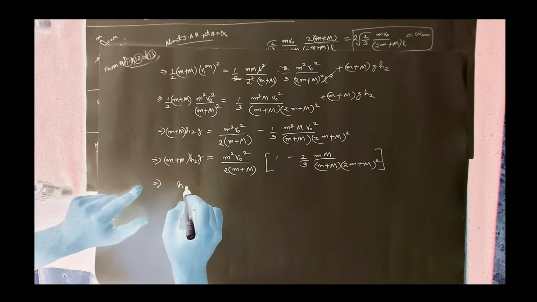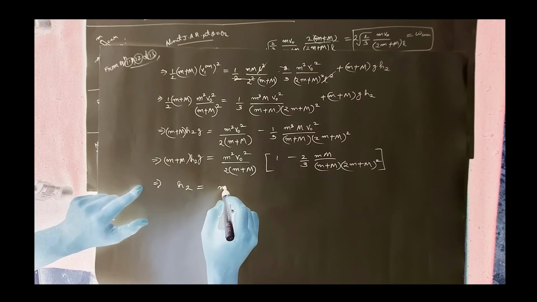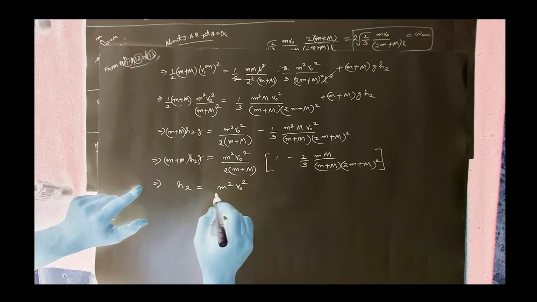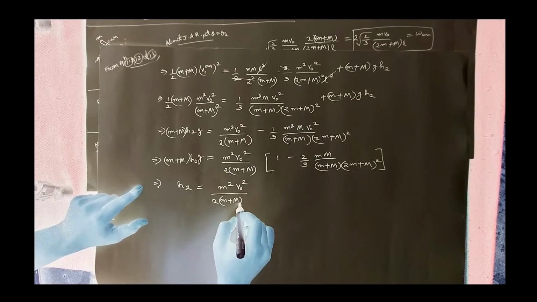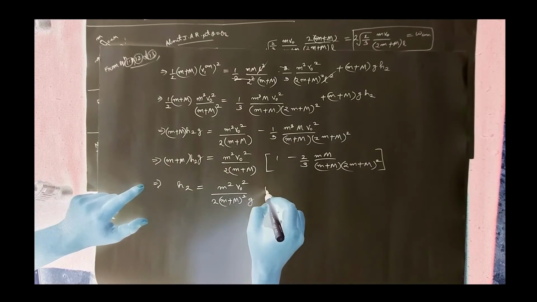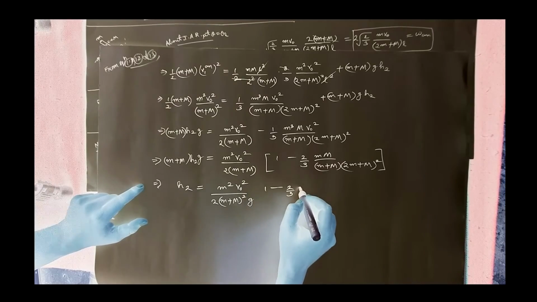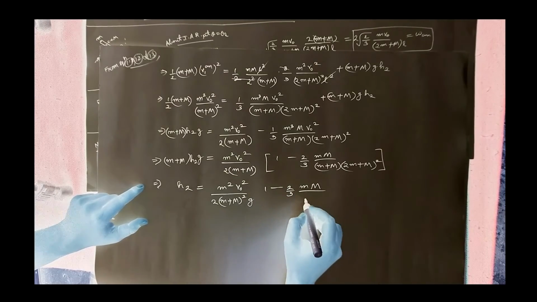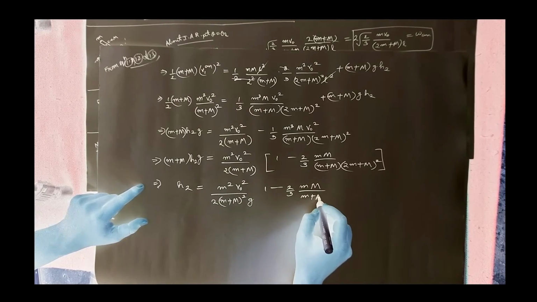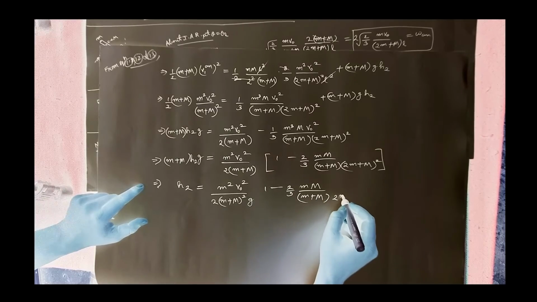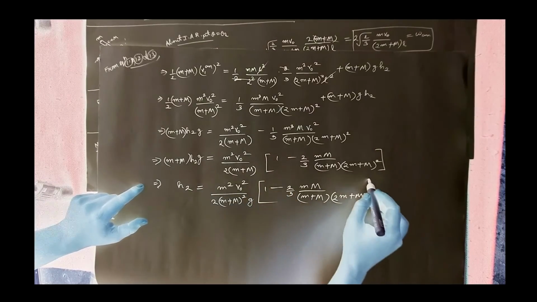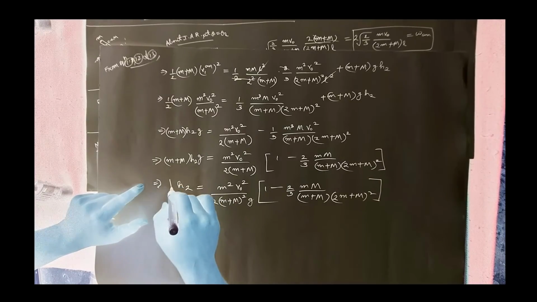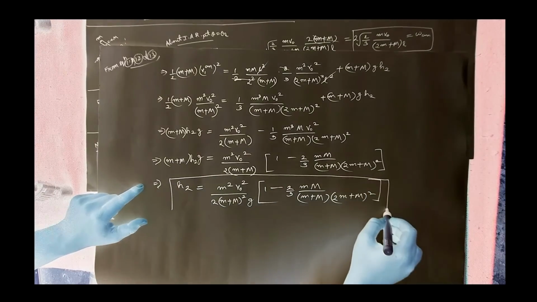I will get the value of H2 as m square V naught square by 2(small m plus capital M) whole square g, times 1 minus 2 by 3 small m capital M by (capital M plus small m)(2 small m plus capital M) whole square. So this is the value of H2 that I am going to get.